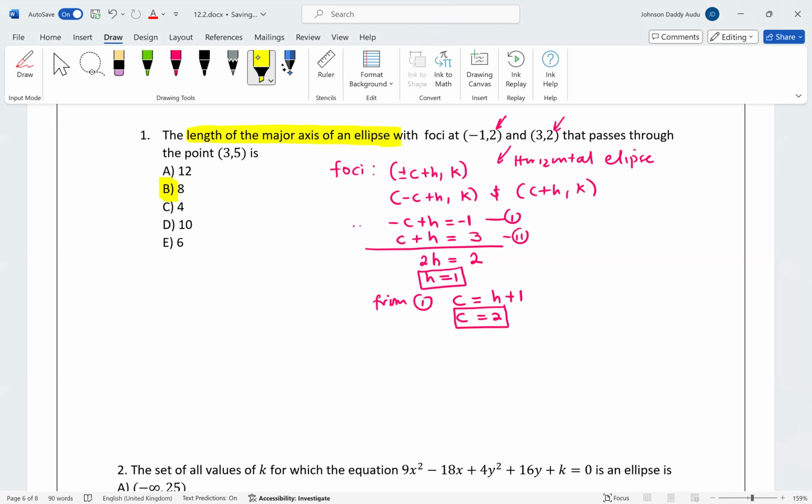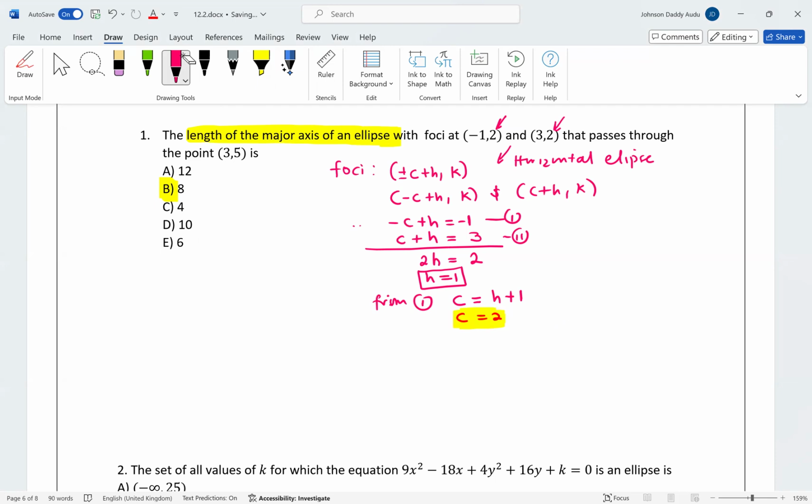It's difficult for us to find because we don't have B. If we were given B, then we could use this point to find A. The only thing we have now is C, so we don't have A and we don't have B. Even if we use the formula C squared is A squared minus B squared, it won't help because we only have C. So what we've done so far is correct, but we are stuck. We don't have enough data.